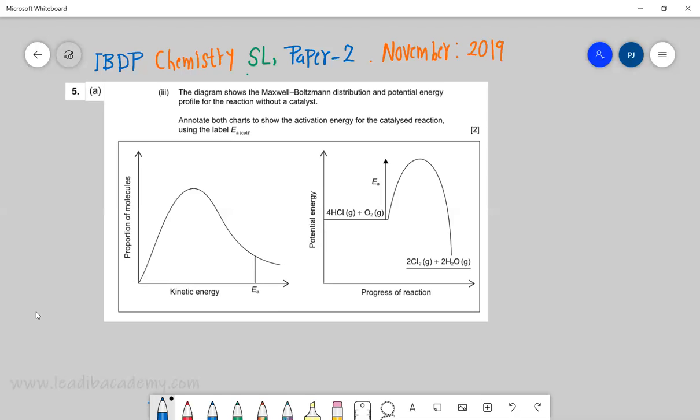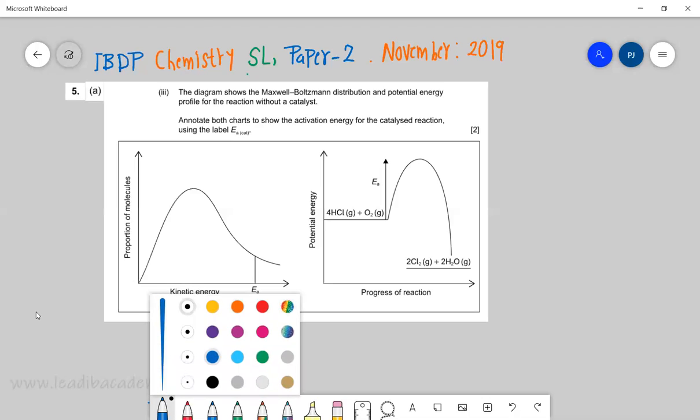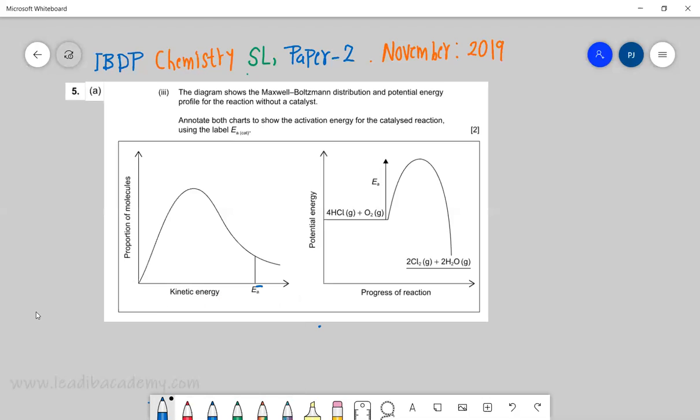Now, important that whenever we put the catalyst, first understand what is given. This is activation energy. What do you mean by activation energy? Activation energy is the minimum energy that is required by the reactant molecules to start or initiate the reaction.